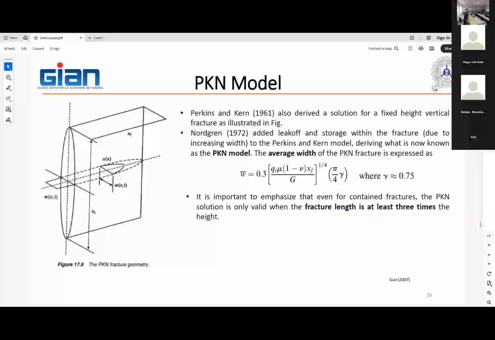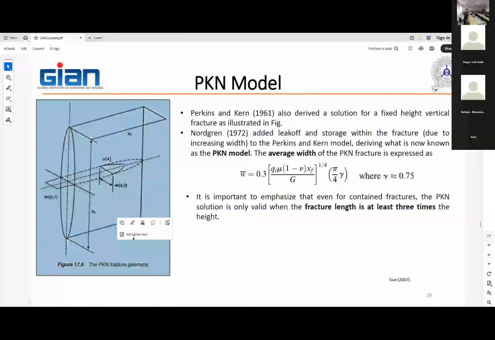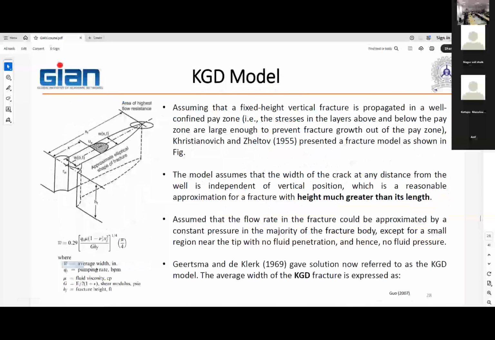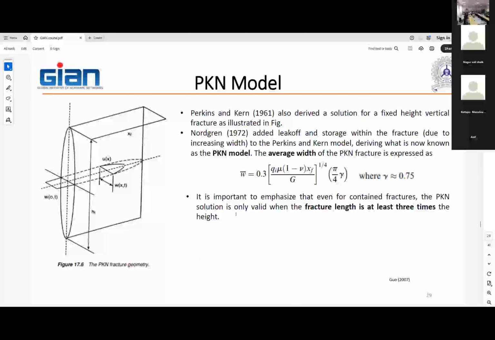And you can see in this case, the width of the fracture changes from place to place. Okay. So here it is less, here it is more near the wellbore. Okay. So slight difference between the formulas of the PKN and KGD. Okay. So this is your KGD and this is PKN. Okay.